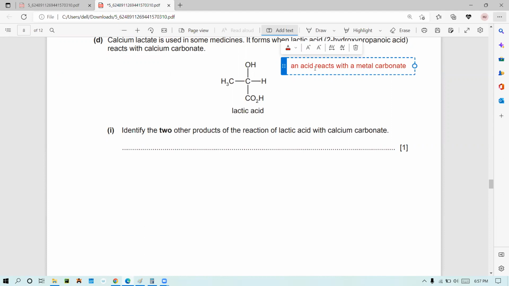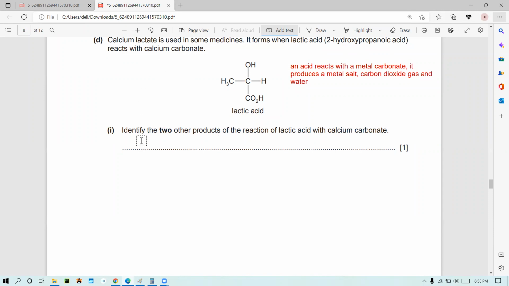When an acid reacts with the metal carbonate, it produces a metal salt, carbon dioxide gas, and water. Here, when lactic acid reacts with calcium carbonate, identify the 2 other products.